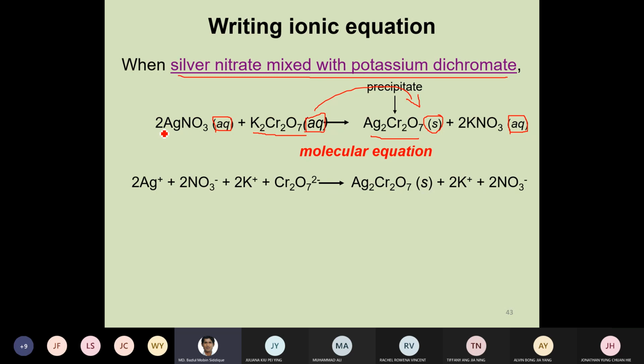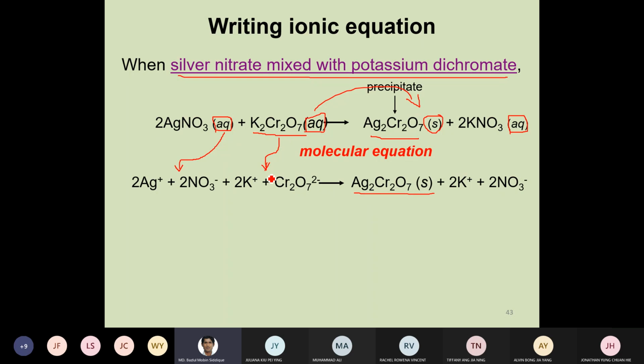So from here, this is aqueous form. Of course, it will be divided into these ions: silver ion and nitrate ion, and potassium dichromate, so potassium and chromate ion. This is also in aqueous form, but you see this is a solid, right?